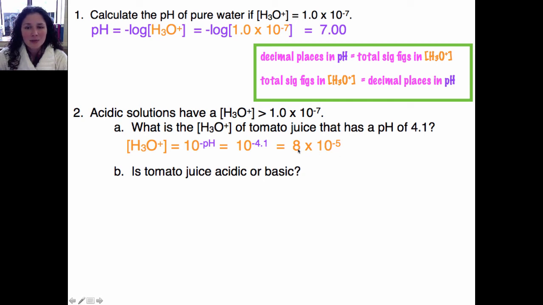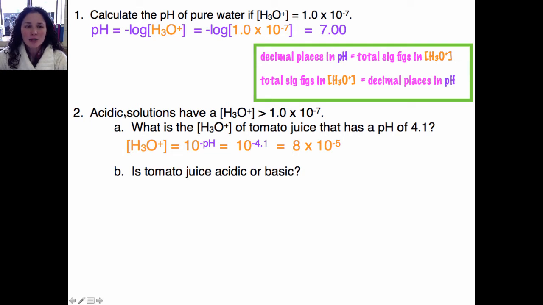Giving this in the right number of significant figures means that I have to pay attention to the decimal places in the pH. Remember, decimal places in pH must equal the total sig figs in the hydronium ion concentration. So here I had only 1 decimal place in my pH, and so I have to round my hydronium ion concentration for a final answer in the correct number of significant figures.